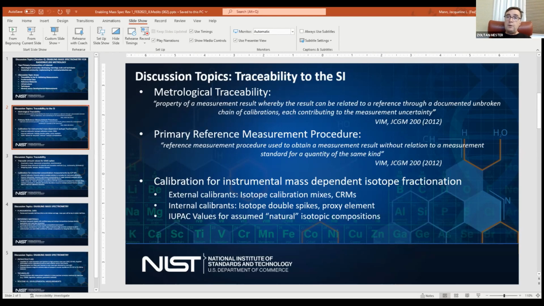As we referenced yesterday, many of the isotope measurements in these cases are actually referencing an artifact.